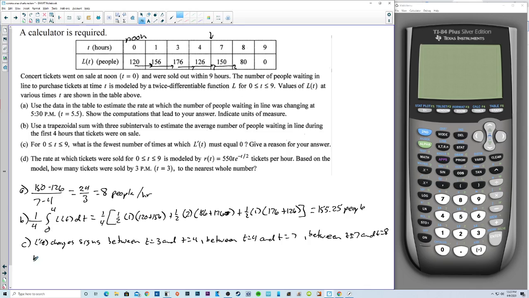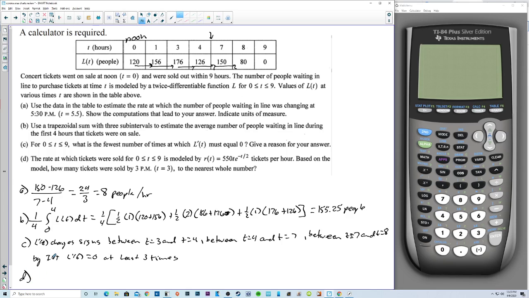So by intermediate value theorem, L prime of t equals 0 at least 3 times. At least. Could be more, but we know at least 3 times.